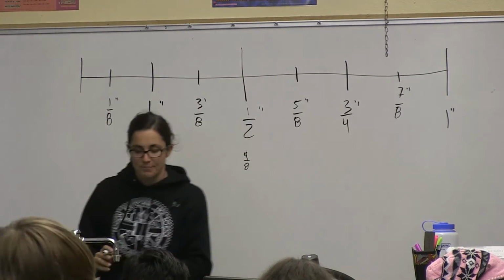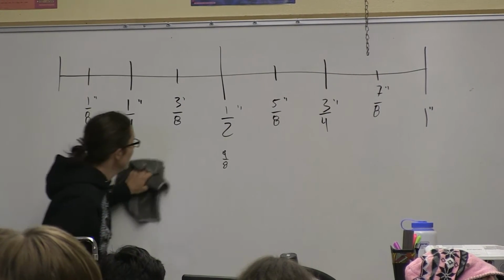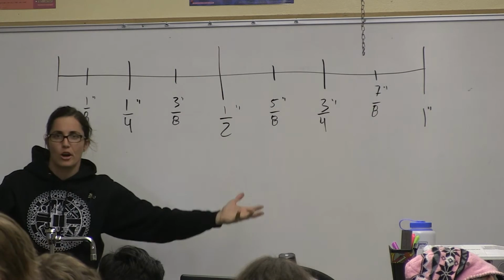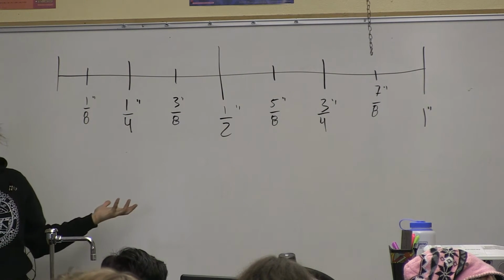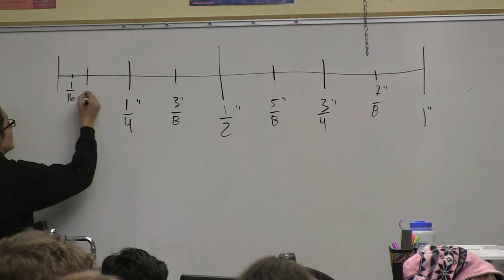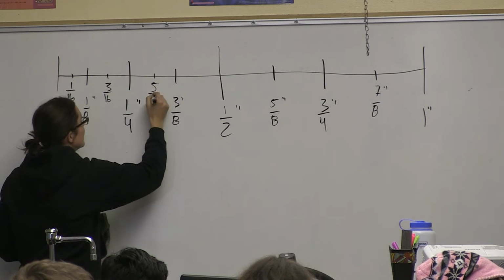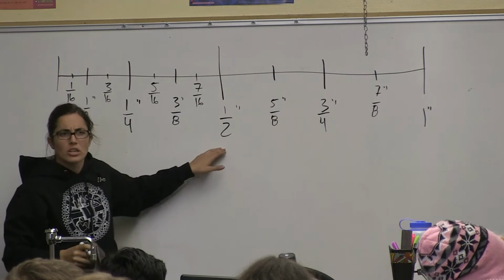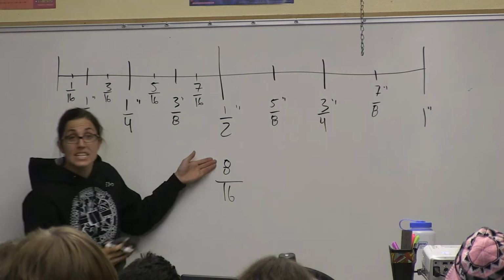Yay. Okay? And then, of course, we get down to the 16ths. And again, the 16ths are also going to line up with all these lines that are already on there. It's just that at those numbers, they simplify to an easier fraction. So here, of course, we have 1/16, 2/16, 3/16, 4, 5/16, 7/16. A good marker to know is that halfway is 8/16 because 8 is half of 16.